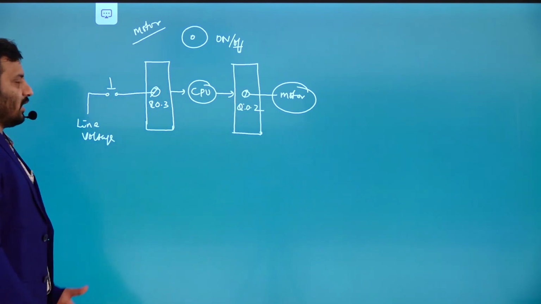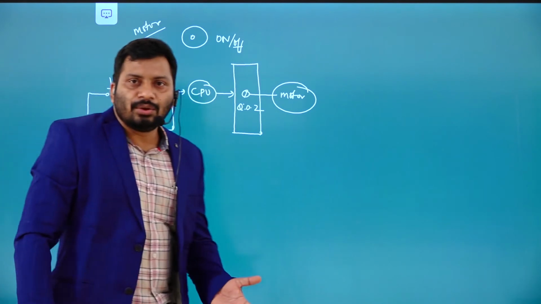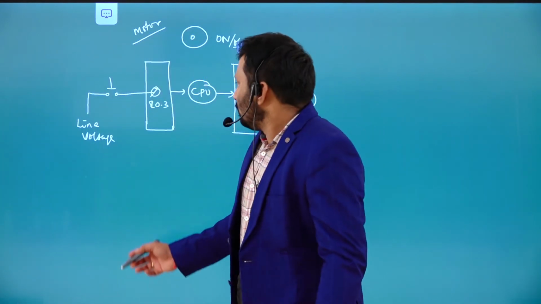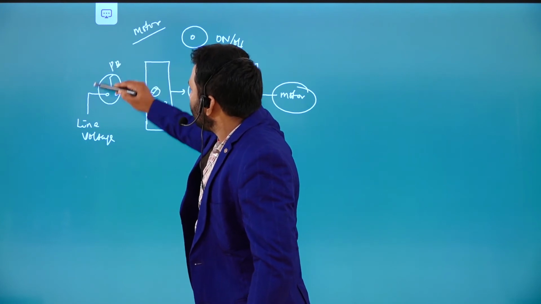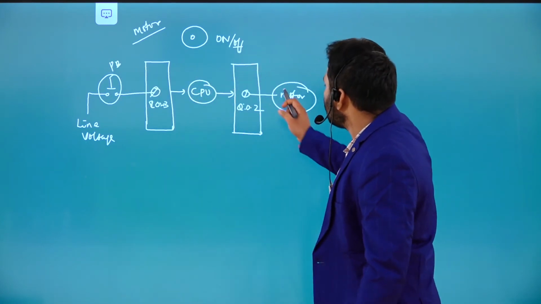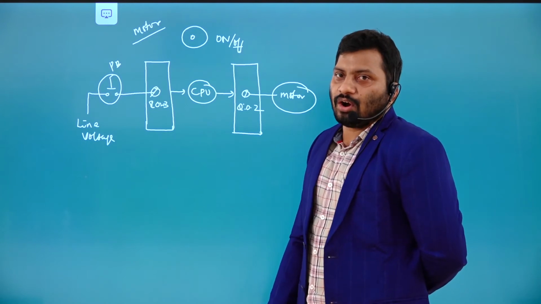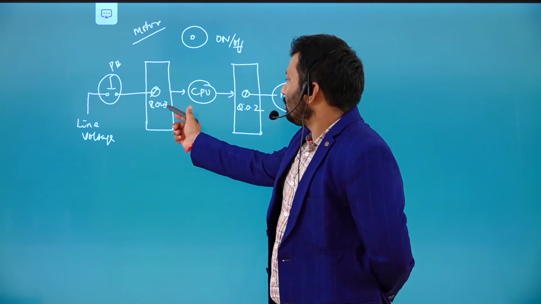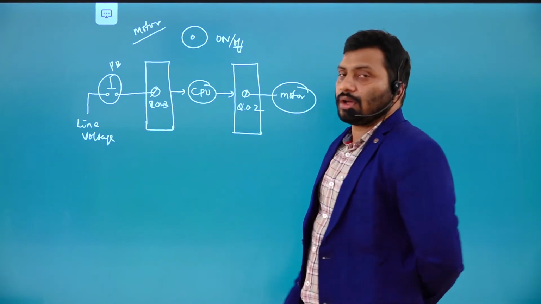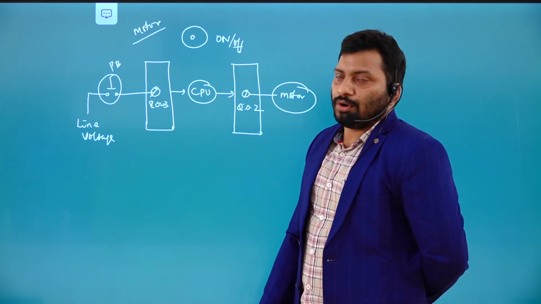This is the way you need to connect. One push button is required. The motor is connected as an output device to the output module, using one terminal connected to the output device.